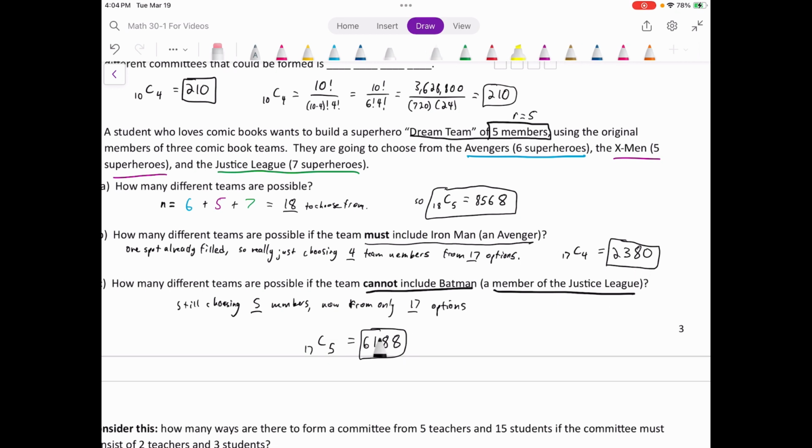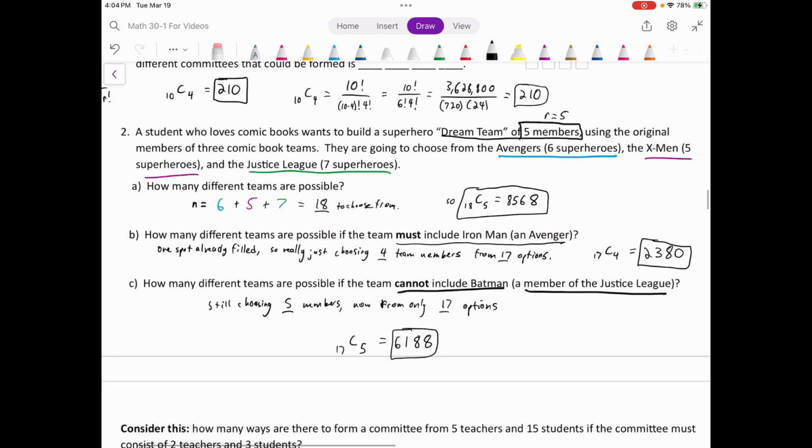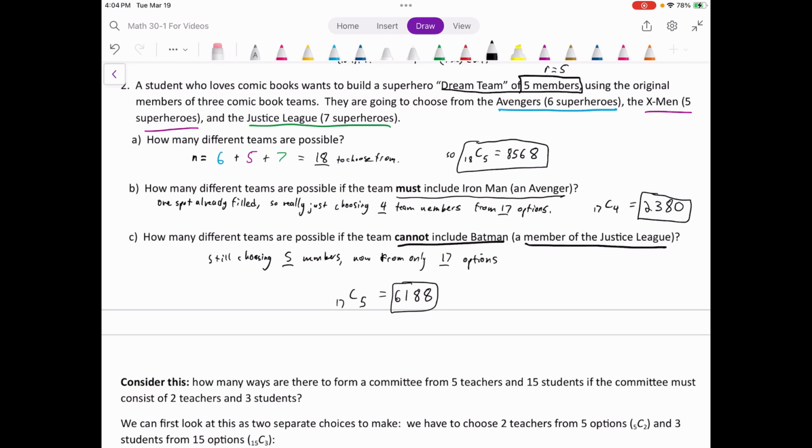So if we added all the teams that didn't include Iron Man, it would be the same math involved. You should get the total number of ways to choose the team. All the ones that include Iron Man plus all the ones that don't include Iron Man gives you the total number of ways to choose the team. So there we go. There are 6,188 ways to make the team if we cannot include Batman.